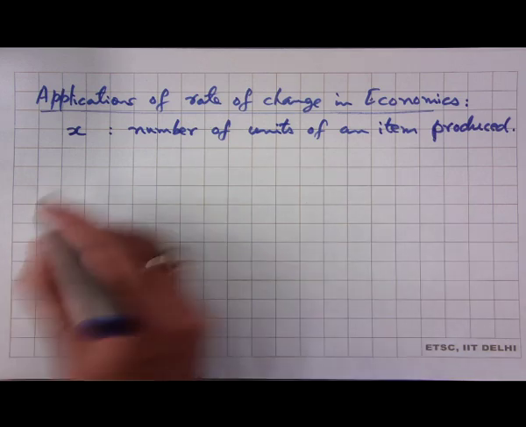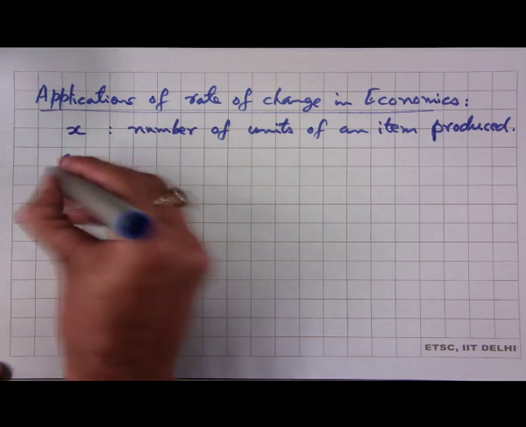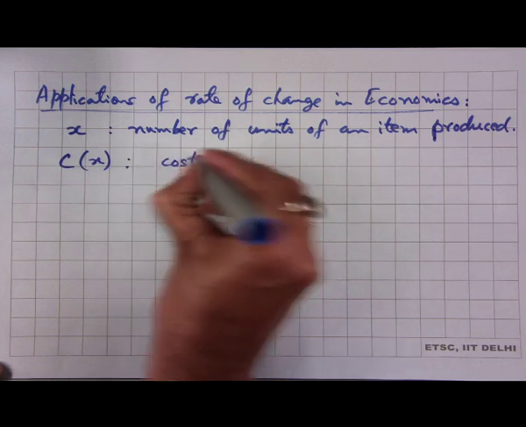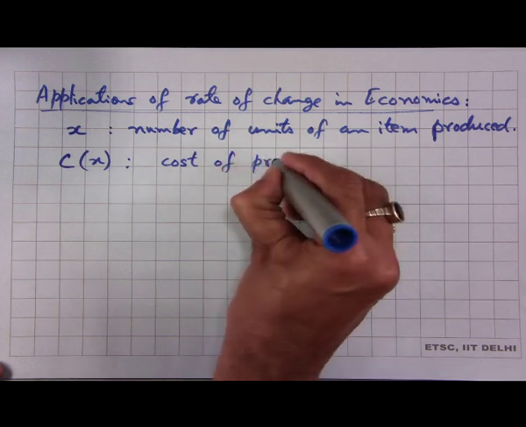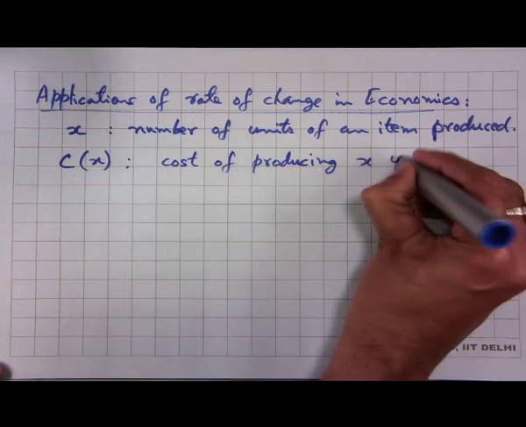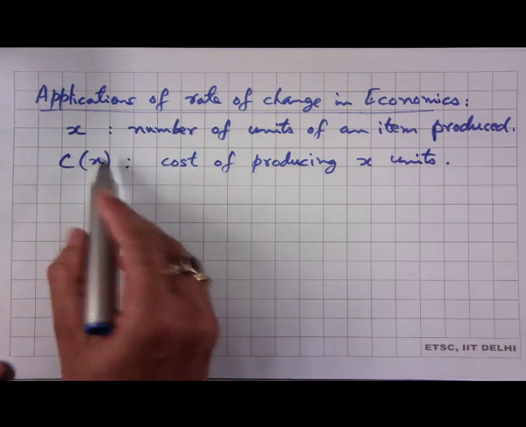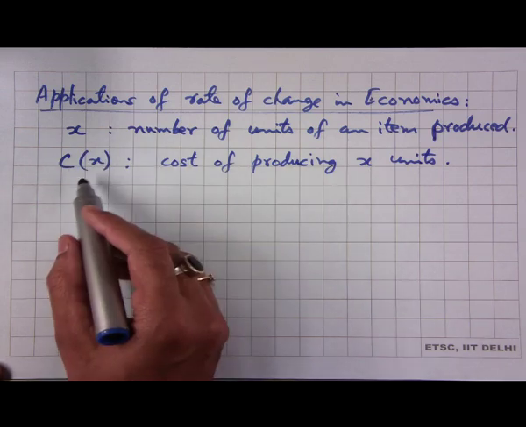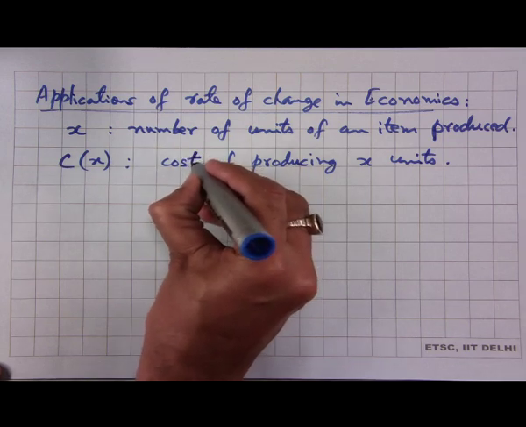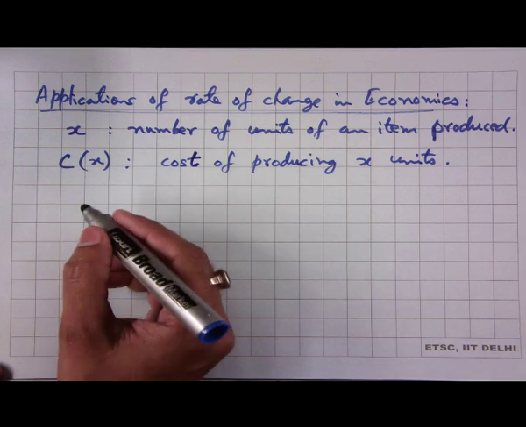So, x is the number of units of an item produced, and C of x denotes the cost of producing x units. So, this will depend on the number of units, the cost that the company has to spend on producing x units, that is C of x.